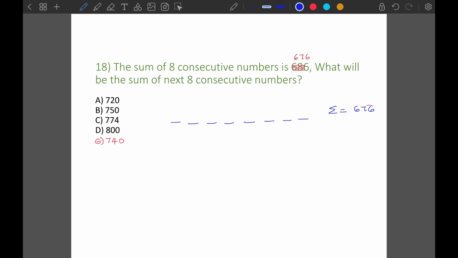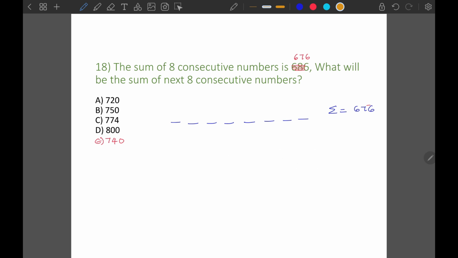Let us assume that the last number of the first 8 consecutive numbers is 84. Then the next 8 consecutive numbers will start with 85, then 86 and 87. We need to find the second set sum.